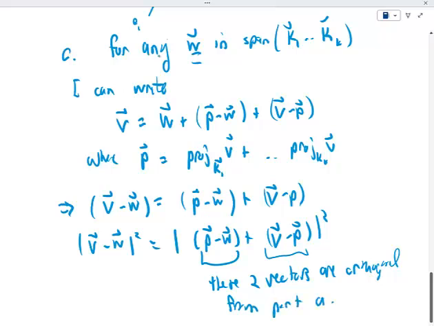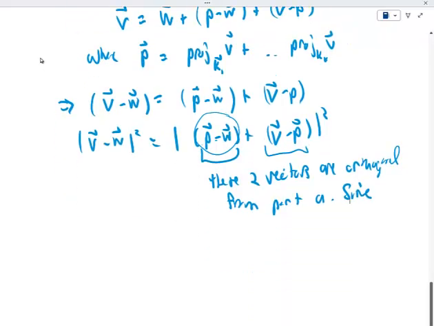Right? Because this here, P minus W, is a linear combination of K1 through KK, since P is a linear combination of K1 through KK, and so is W. So P minus W is a linear combination of kappa 1 through kappa K. Okay?